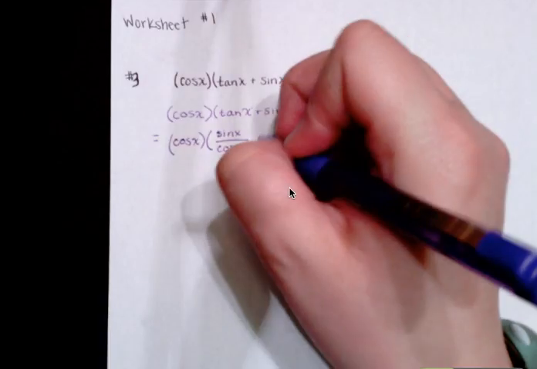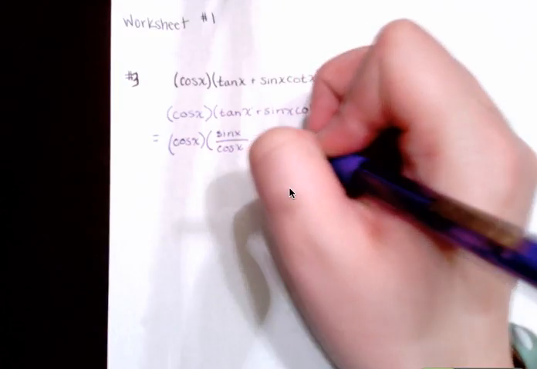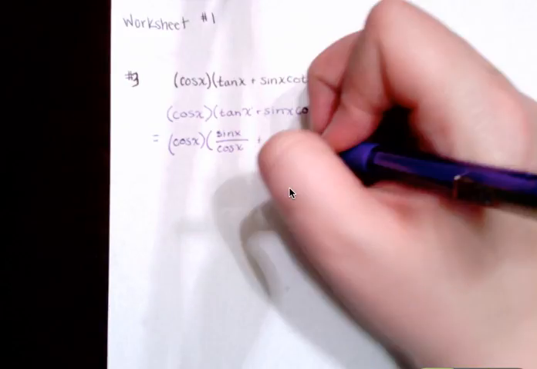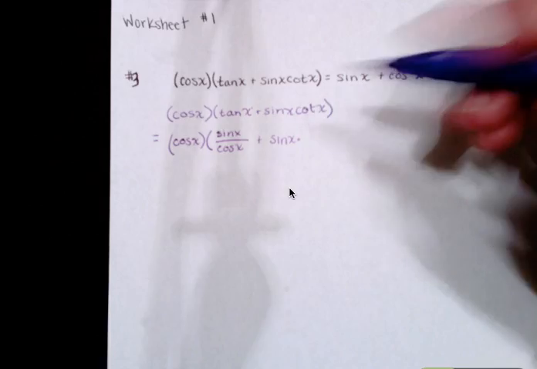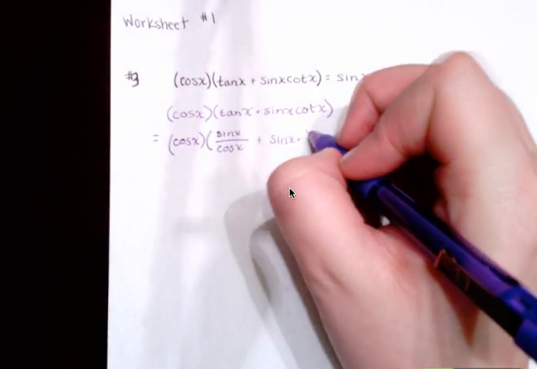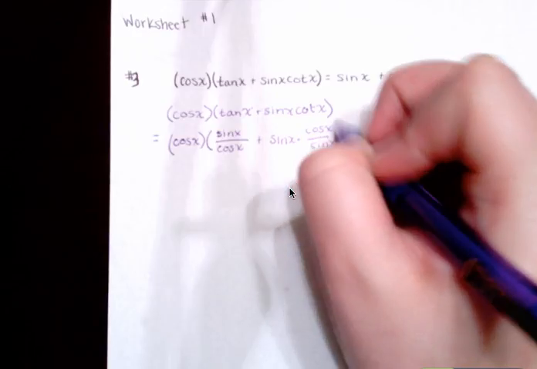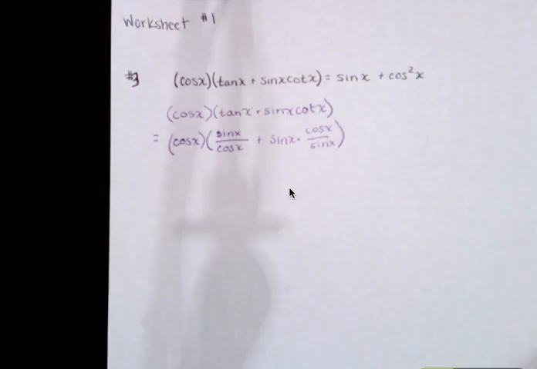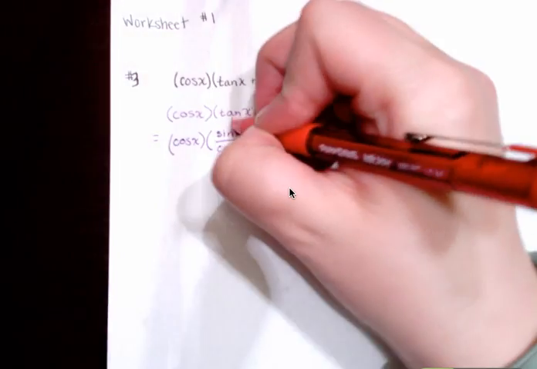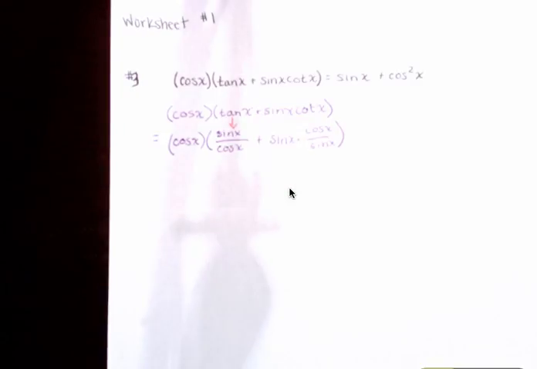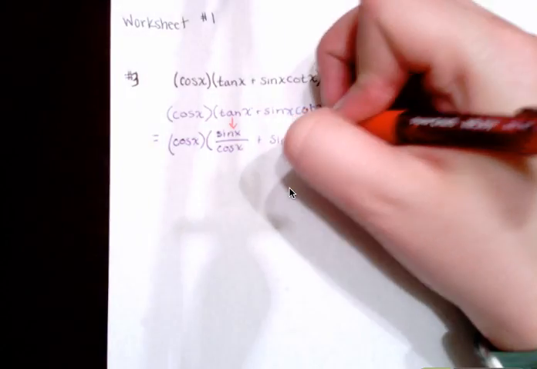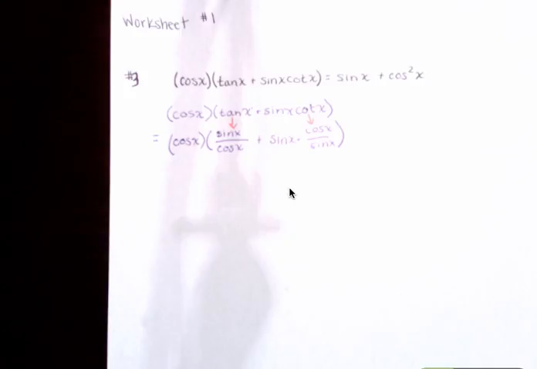Then I still have plus sine, which is good. But then cotangent I don't like, so it's sine times, remember, cotangent is cosine of x over sine of x. So all we did was rewrite tangent as sine over cosine, and cotangent as cosine over sine.